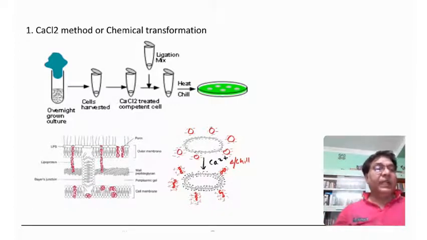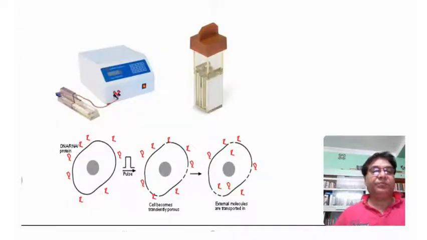The DNA also gets smaller in size because of the interaction with the bivalent ions. There is an electrostatic force within the DNA, because of which the DNA becomes ball-like or a supercoiled structure, otherwise it is a nicked circular DNA. So the size decreases, which facilitates better uptake of the DNA into the cells. So this is how the calcium chloride method works.